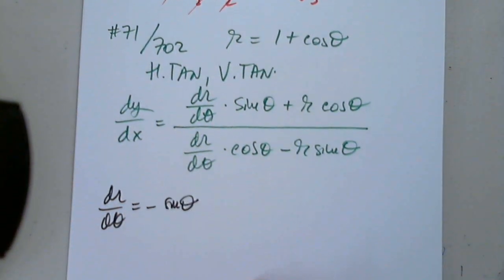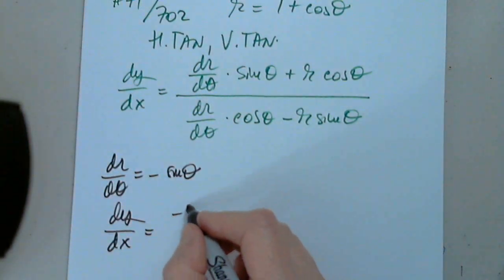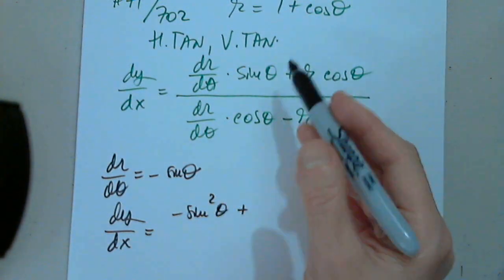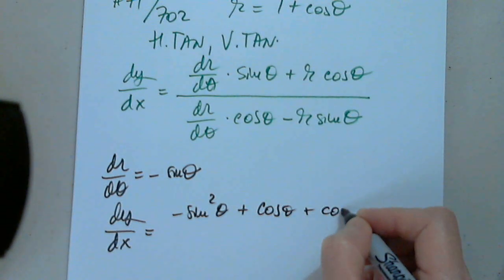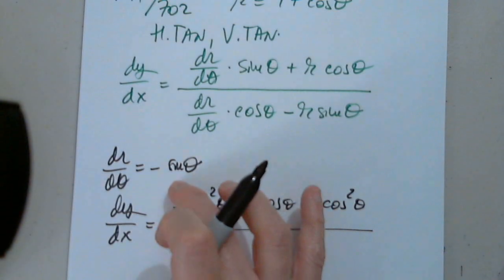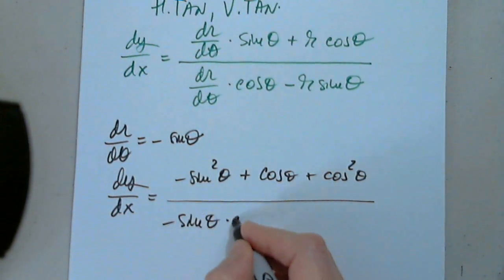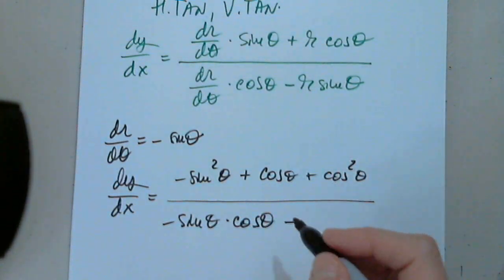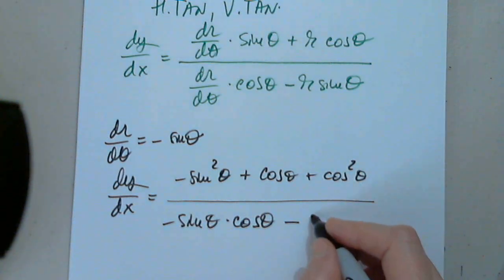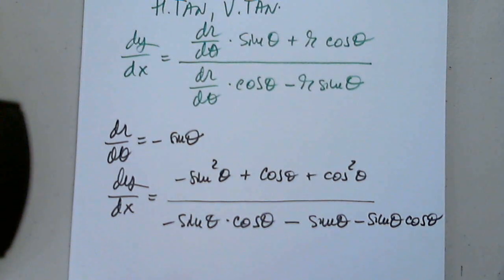Let's find dy over dx, and we get negative sine squared theta plus r cosine theta, plus cosine squared theta, divided by, again, negative sine times cosine, and minus, and I have to replace r by 1 plus cosine theta and distribute sine. So minus sine theta minus sine theta times cosine theta.